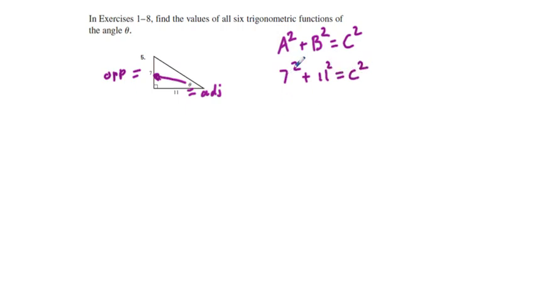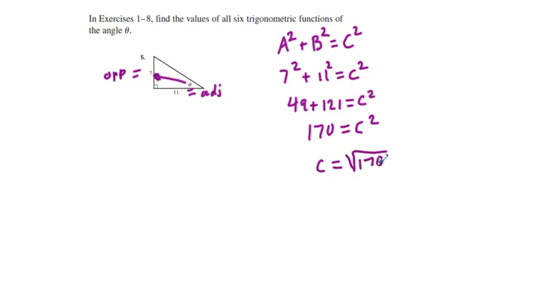So 7 squared is 49, and 11 squared is 121 equals c squared. So 170 is equal to c squared. So taking the square roots of both sides of this equation, we have c is equal to square root of 170.